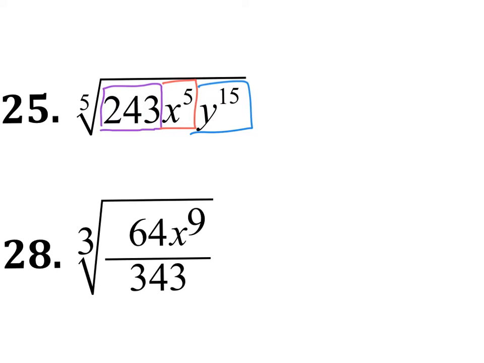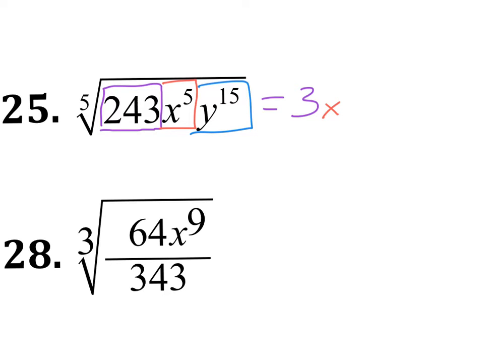So this is going to give me the fifth root of 243 is 3. And now the next part here, all we have to do is take this exponent here and divide by this index. So 5 divided by 5 is 1, so the x component is just x to the 1.